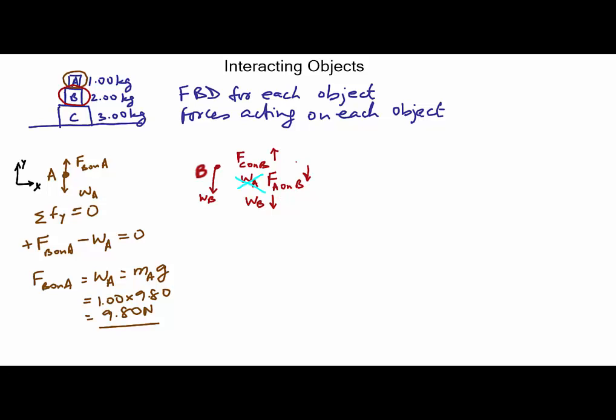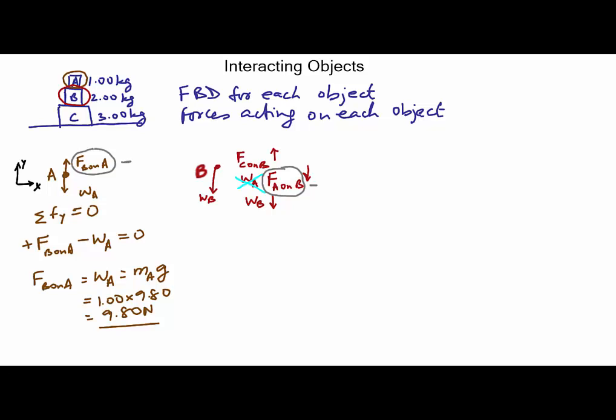Now here, let's talk about this a little bit. We already had something called the force of B on A, and now we have a force that's called the force of A on B. These two forces form a Newton's third law pair, and because they form a Newton's third law pair, they will be equal in magnitude and opposite in direction.